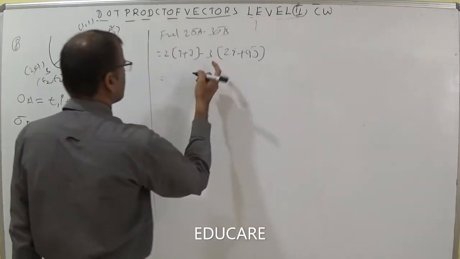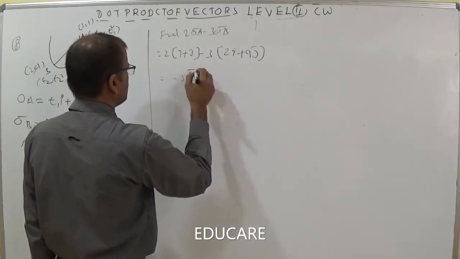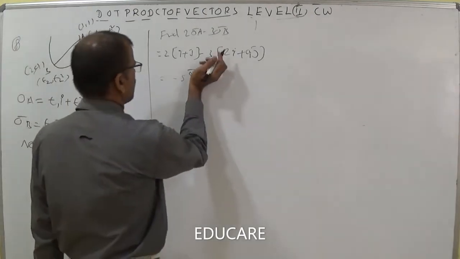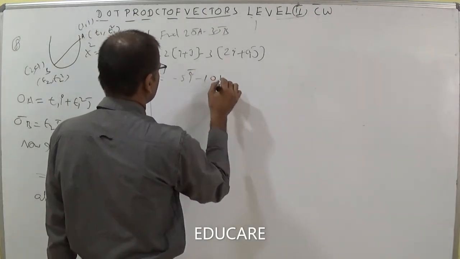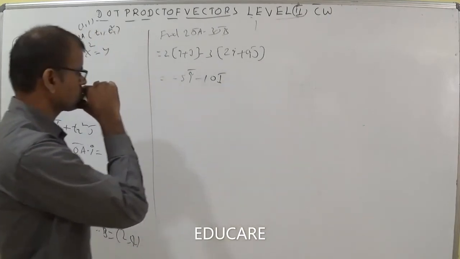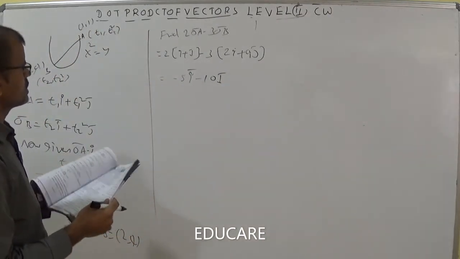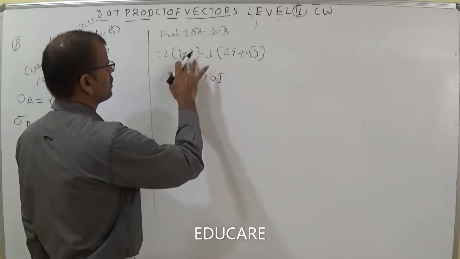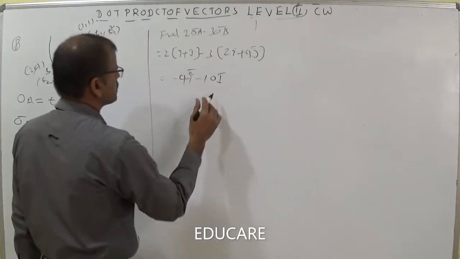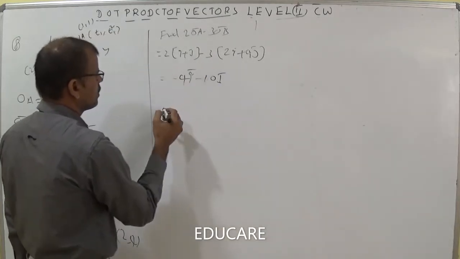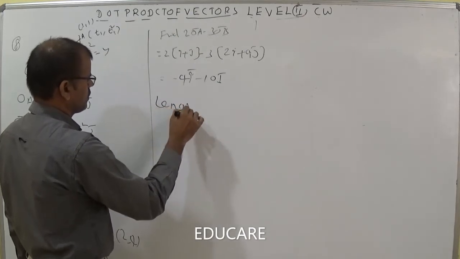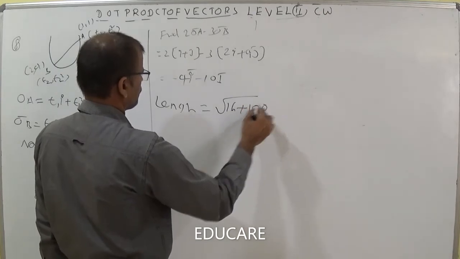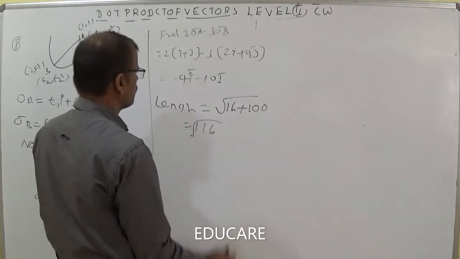So 2I minus 6I you can write here as minus 4I, plus 2j minus 12j, minus 10j. Now for the length, I am writing: length is equal to root of 16 plus 100, so root 116.